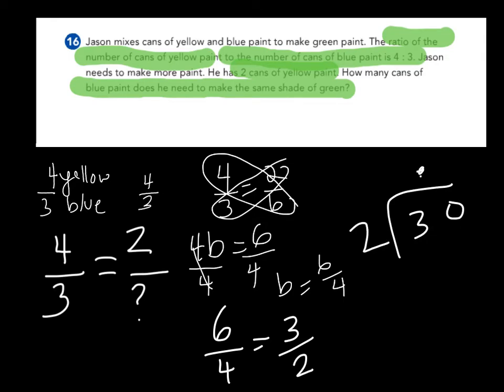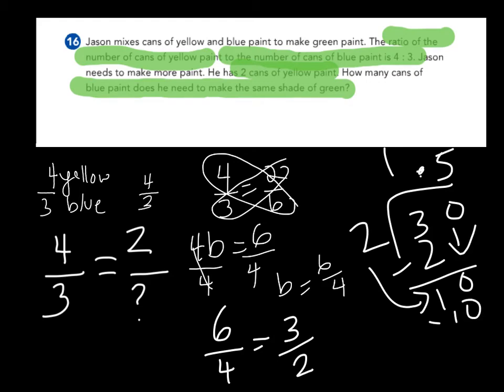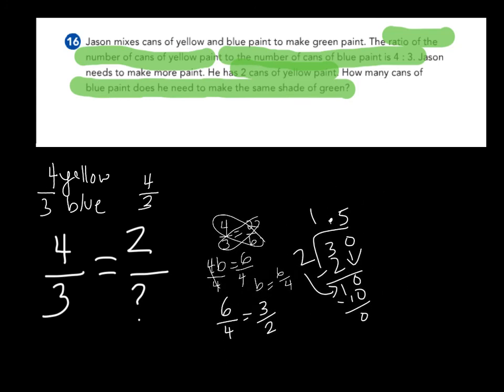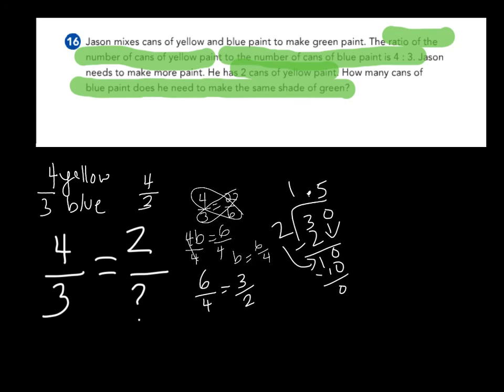So 2 goes into 3 one time, bring down the 1, bring down the 0, 2 goes into 10 5 times, minus 10, 0. So what I get is B is equal to 1.5. Now that's just one way I can solve this problem.